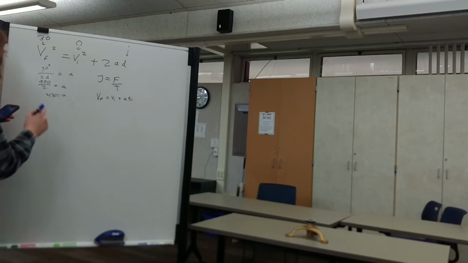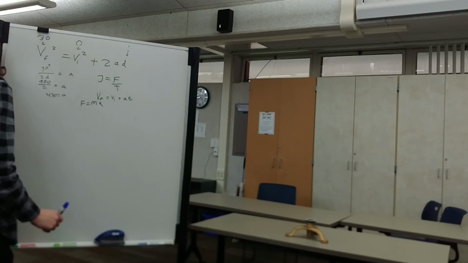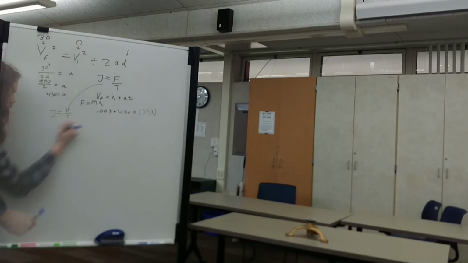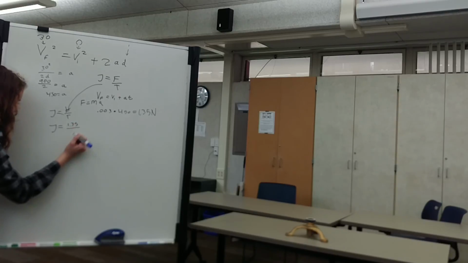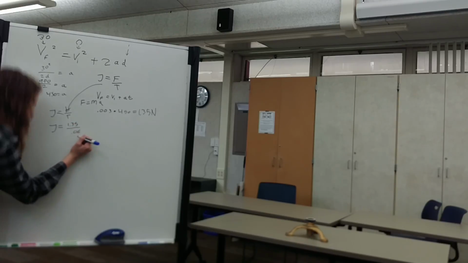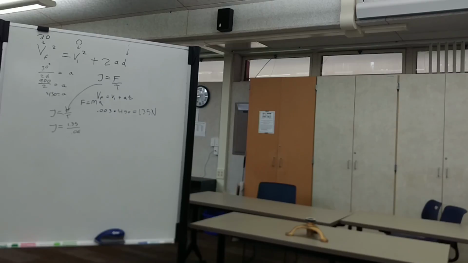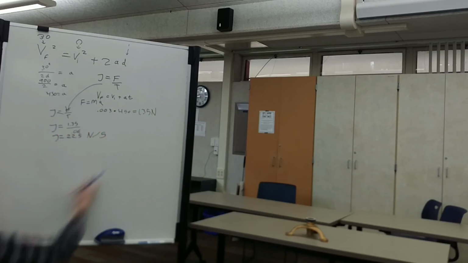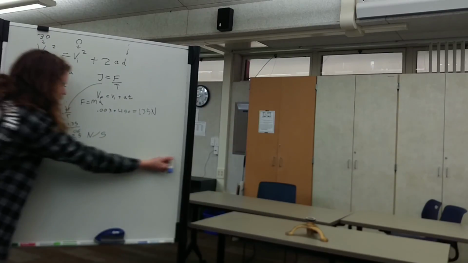Then after that, we are plugging the force that we found into the impulse equation, which is J, being impulse, equals force, which we just found, over time, which we found by counting frames in the video which we shot, and it is 0.6 seconds. And we plug that all in to find our final answer.